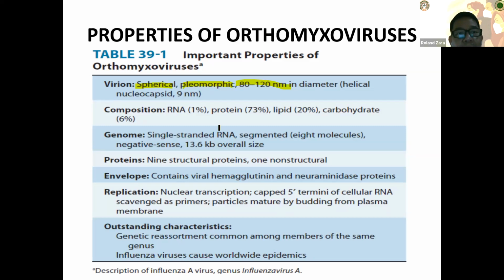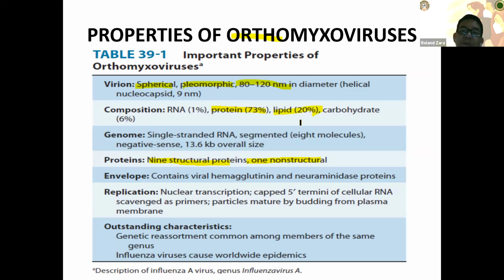Now, the composition of your orthomyxoviruses: usually the protein is 73%. And there are 9 structural proteins and 1 non-structural protein. So the majority of the content of the orthomyxoviruses is composed of your proteins at 73%, followed by your lipid, which is 20%.